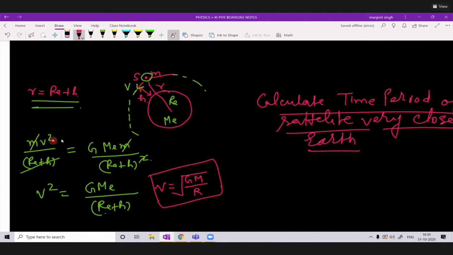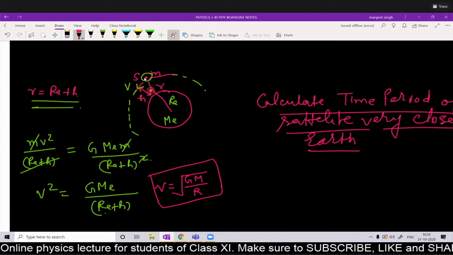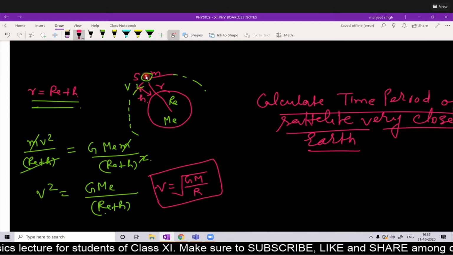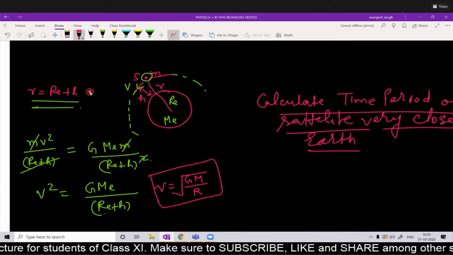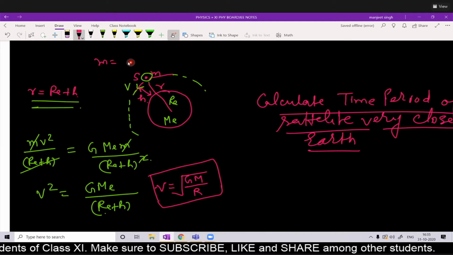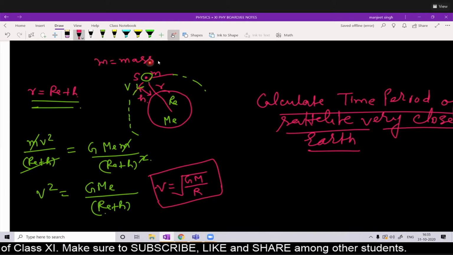So centripetal force mv square upon RE plus h, where RE plus h is the distance from the center of Earth to this mass, is equal to G m1 m2 upon R square, meaning RE plus h whole square, the gravitational attraction between the Earth and the satellite. Small m is the mass of the satellite.